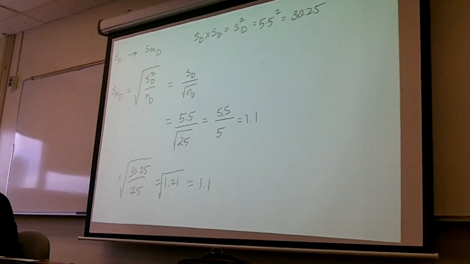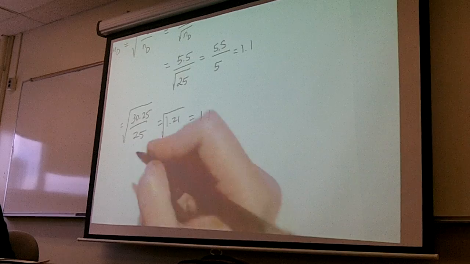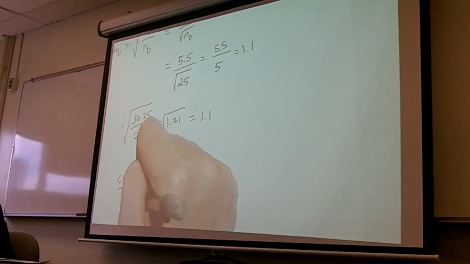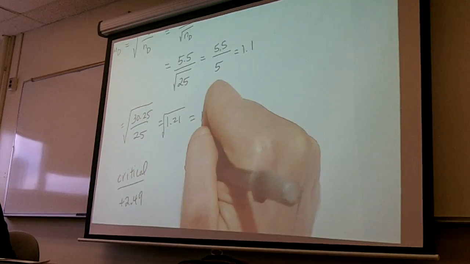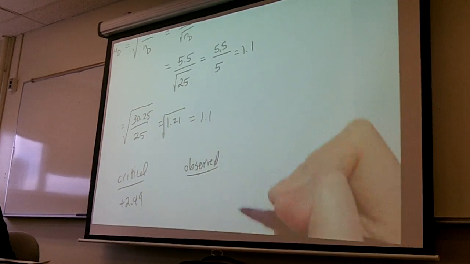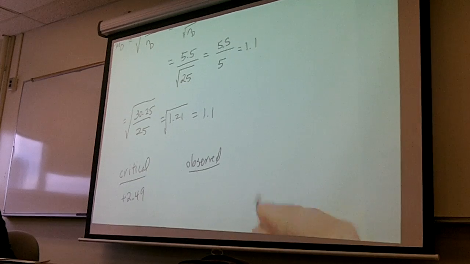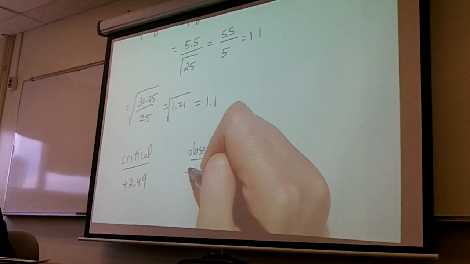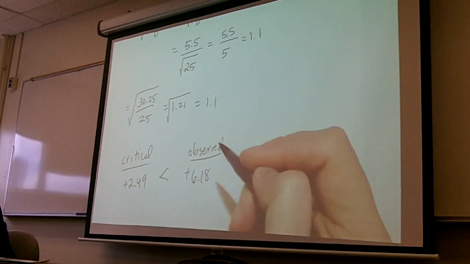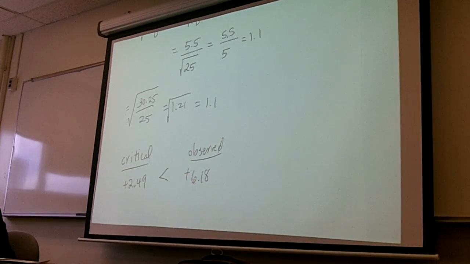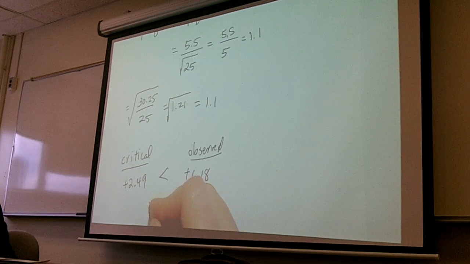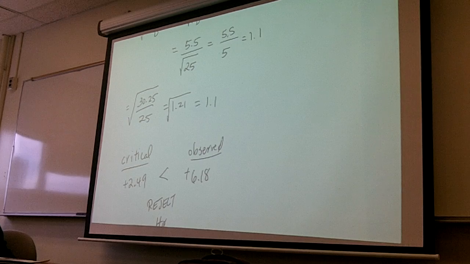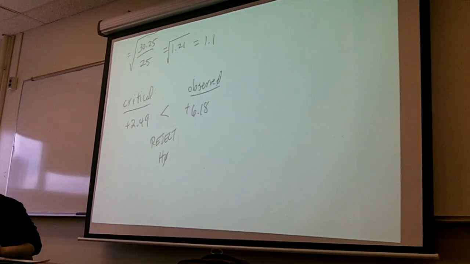Critical values by consensus. You did two-tailed? One-tailed. Okay. And we said 6.18. So we rejected the null hypothesis, right? Cool. Rejected the null hypothesis.